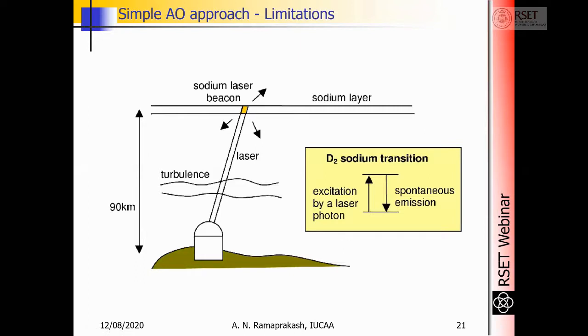The light coming back from that beacon, which is an artificial guide star, will then measure the turbulence of the atmosphere and allow you to correct. And if your laser is powerful, you can make the artificial star as bright as you want and measure that turbulence as fast as you want and correct for it. And this is what astronomers do.